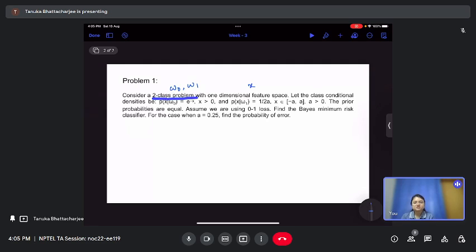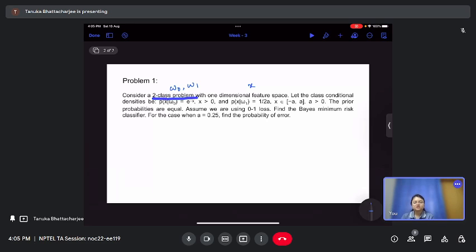And for the class omega 1, the class conditional density for x given omega 1 is given by 1 by 2a, which is defined in the interval minus a to a. Outside this interval, the probability is 0.